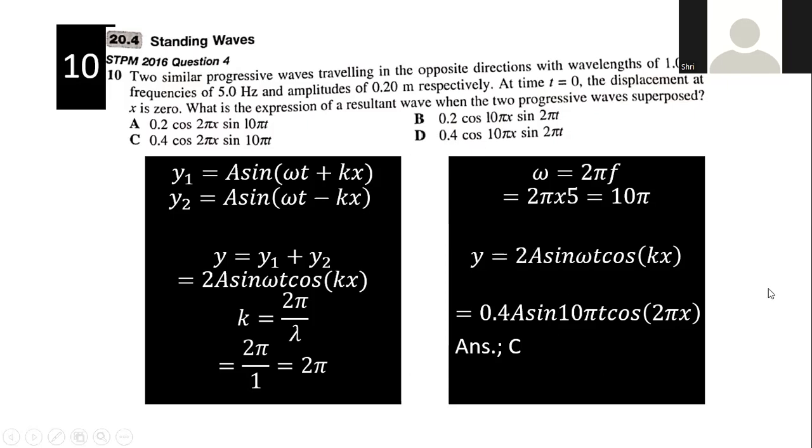The amplitude must be double. Careless mistake. I didn't see two similar waves progressively. I thought it was one. I suppose you can guess the answer also, if you know the equation rather than derive it. Yeah, but I got it wrong also.